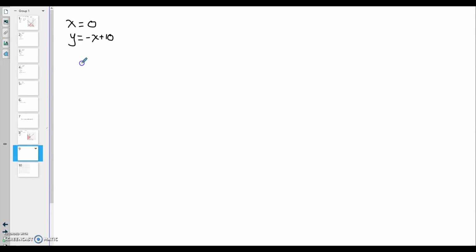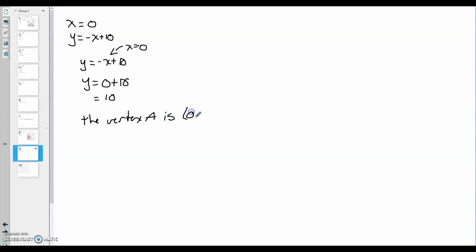So we take y equal to negative x plus 10, and substitute x equal to 0. So y is equal to 0 plus 10, so y is equal to 10. That gives us the coordinates of vertex A: 0, 10.